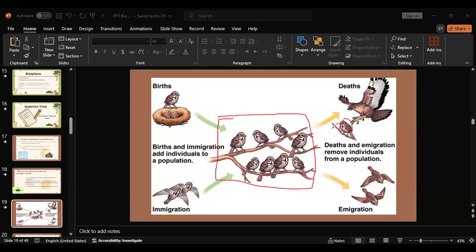So the population will be reduced. Here some other birds are coming from a different location to this area, so finally the population will be increased. Here some of the birds fly away from this area, so it will be reduced. So this picture will make clear to you what the factors are. Okay.